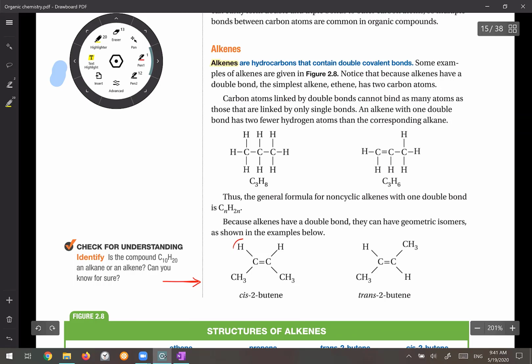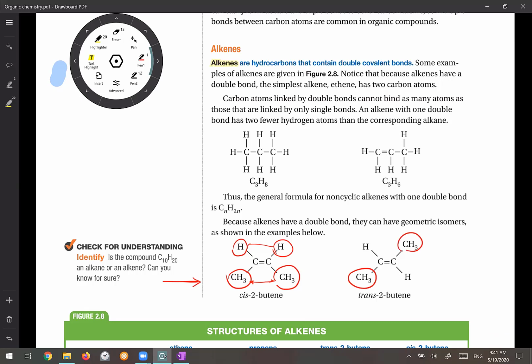To the carbon at the left, hydrogen and methyl are connected. To the carbon at the right, also hydrogen and methyl are connected. But here the methyls are on the same side of the molecule, and the hydrogens are on the same side as well. For the molecule at the right, the methyl groups are on opposite sides, and the hydrogens are on opposite sides. So they have different geometry.